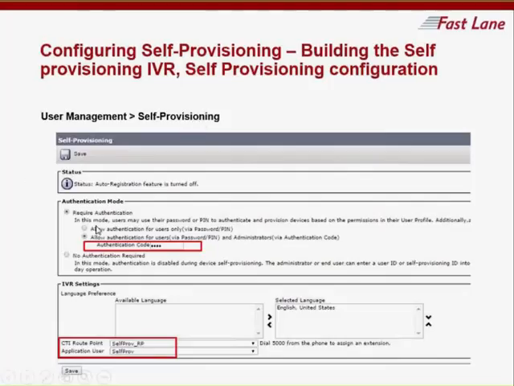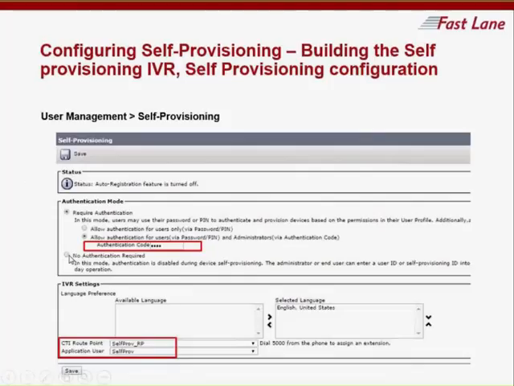If you go into self-provisioning, down here is where you tie everything together. This is where you assign the application user and the CTI route point. That says the self-provisioning IVR service will use this CTI route point and log in with that user. Now, we have an option here: require authentication or do not require authentication.